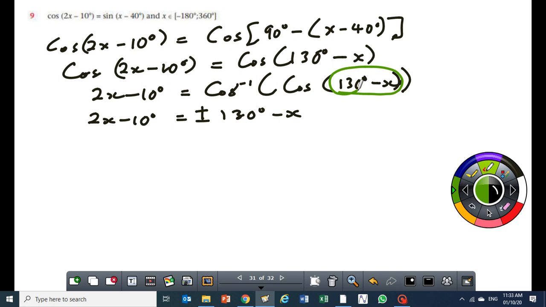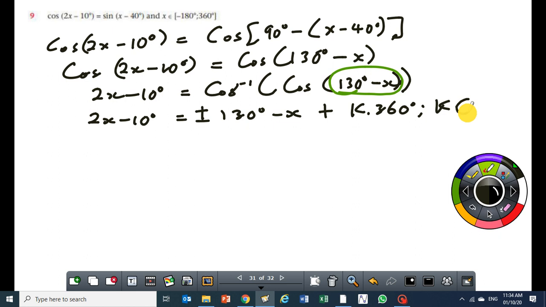Then you put plus or minus to cater for two quadrants where cos is positive, that is the first and the fourth quadrant. Then we introduce the general solution. So this becomes plus k times 360 degrees, where k is an element of Z.